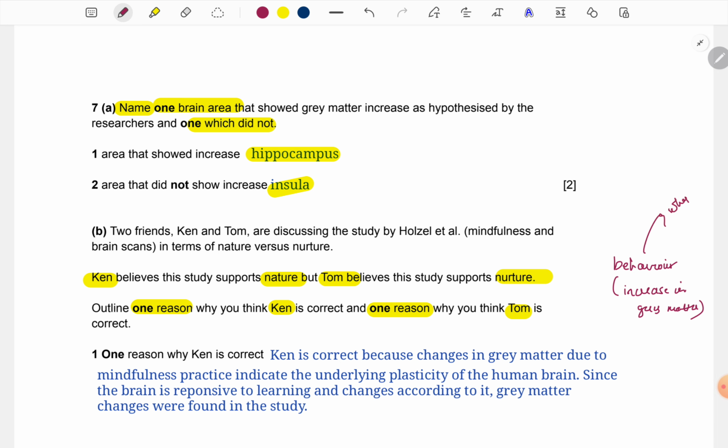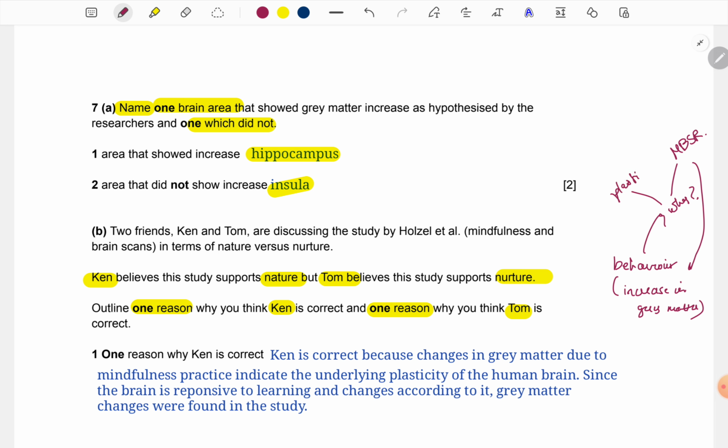Next, you have to think why. What is the explanation of increase in gray matter? In this study, there are two explanations. Definitely the primary one is practicing mindfulness. Mindfulness practice has resulted in increase in gray matter. Another reason is the brain by itself has the capability, what we call plasticity, to adapt.